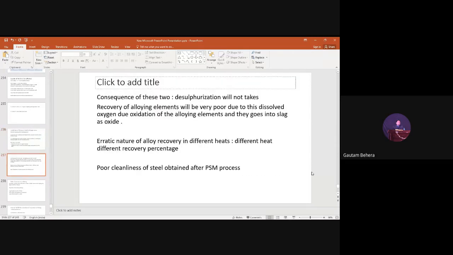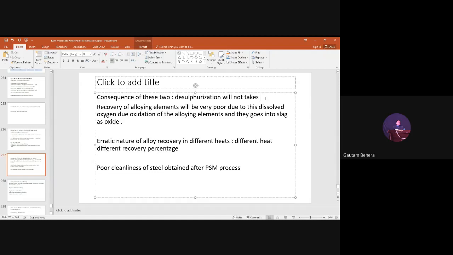So now what is the consequence of this? The consequence is that desulfurization will not take place. So we understand that for desulfurization we need some reducing atmosphere in the furnace, right? Or in other words, we need a slag of reducing nature or less oxidizing nature.